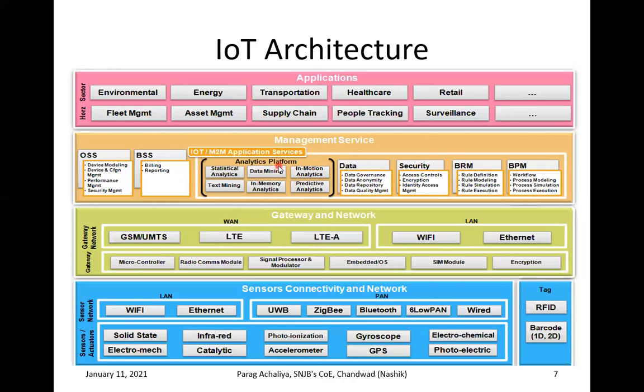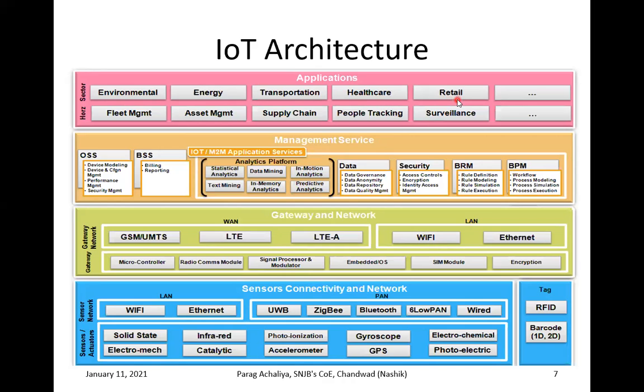And the last layer, or the topmost layer of your IoT architecture, will be various IoT applications. Those IoT applications are based on the previous three layers, that is your sensor connectivity layer, gateway layer and management service layer. So on the topmost layer of your IoT architecture, there will be various IoT applications. These are the various sectors of your IoT application.